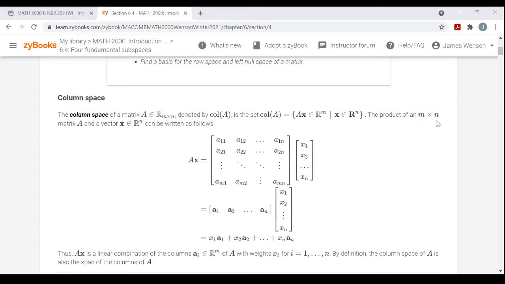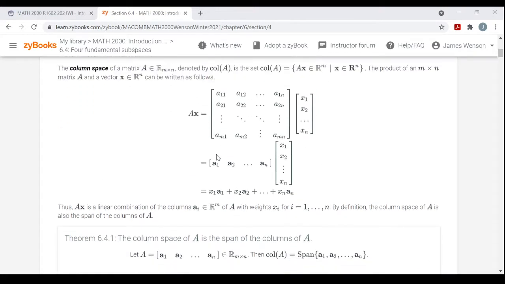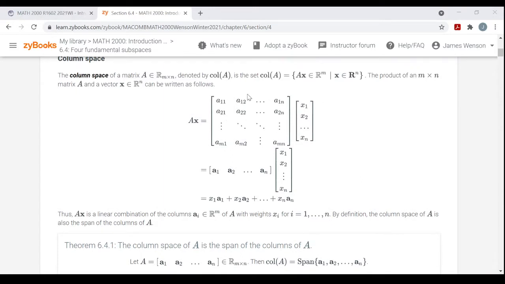So the product of an m by n matrix A and a vector from Rn can be written as follows. You've seen this, right? When you take an m by n matrix and multiply by an n by 1 column matrix, you can express this product as a linear combination of the columns of the matrix.